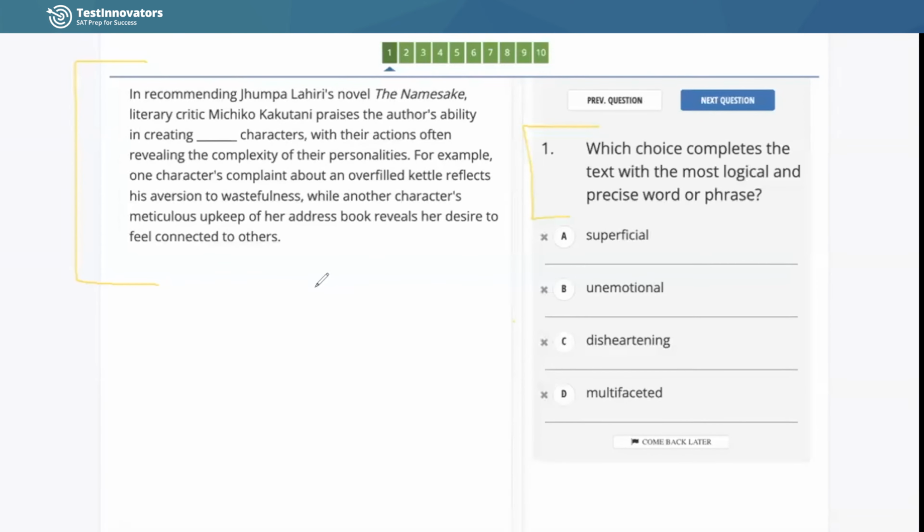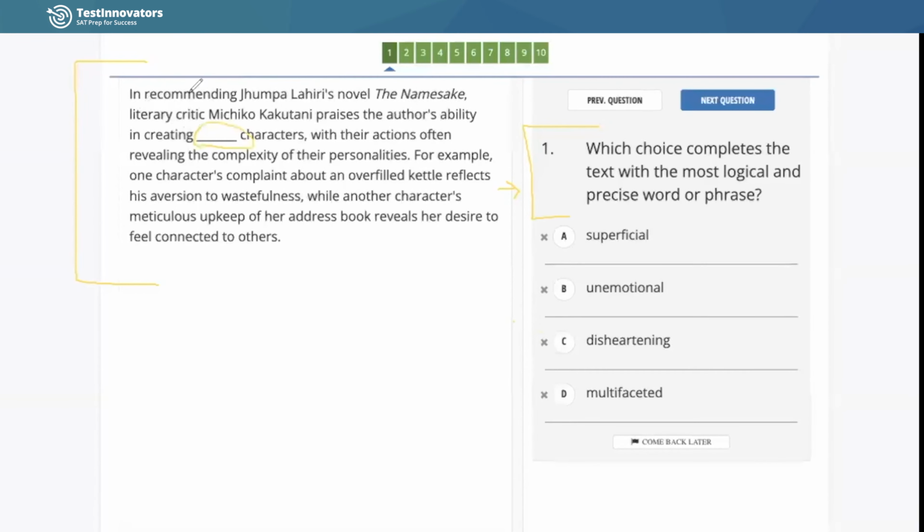So, words and context questions will be phrased in one of two ways. Which choice completes the text with the most logical and precise word or phrase, exactly as we see here, or in rare occasions, you'll see it phrased as, used in the text, what does this vocab word most nearly mean? But with this particular phrasing, we have to pick a word that best fits the blank.